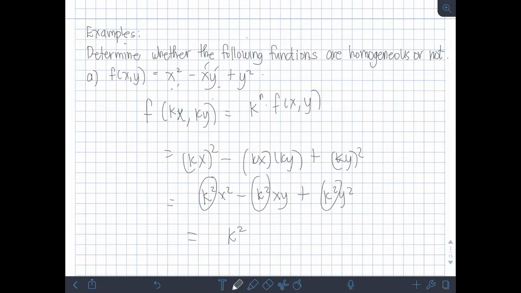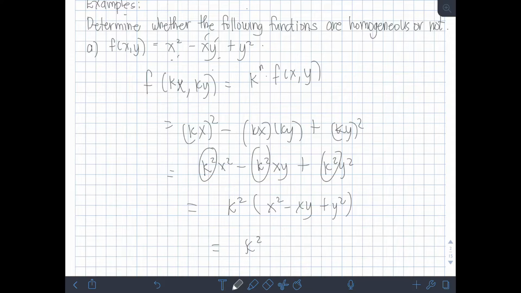So, magiging k squared times x squared minus xy plus y squared. So, therefore, we have k squared multiplied by the original function, which is x squared minus xy plus y squared rin, diba? So, pwede nating i-write to as f of x, y. So, therefore, nasunod natin tong requirement ng homogeneous function, wherein yung degree natin ay yung exponent natin na n dun sa k, which is 2. So, therefore, f of x, y is a homogeneous function of degree 2.